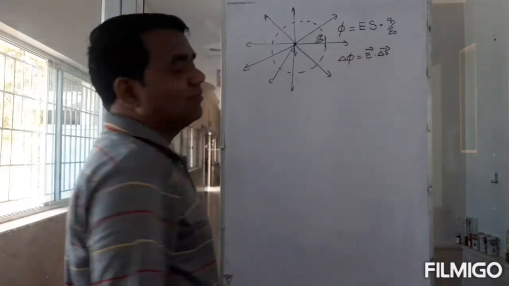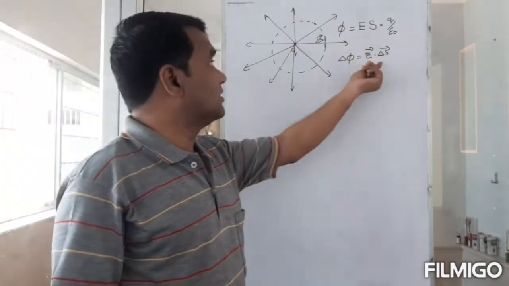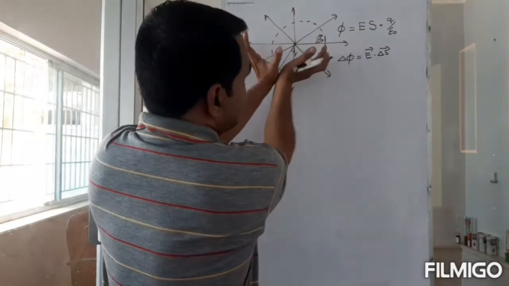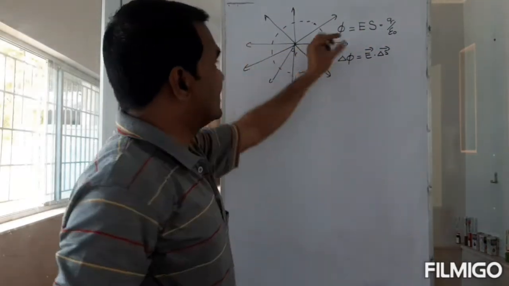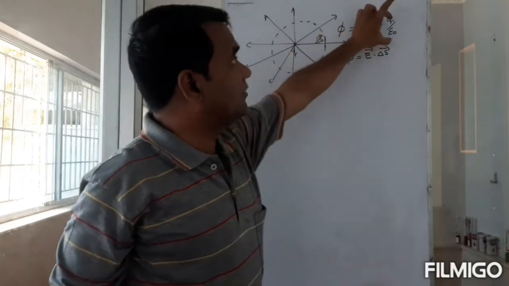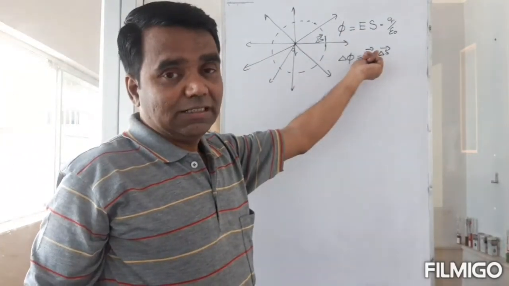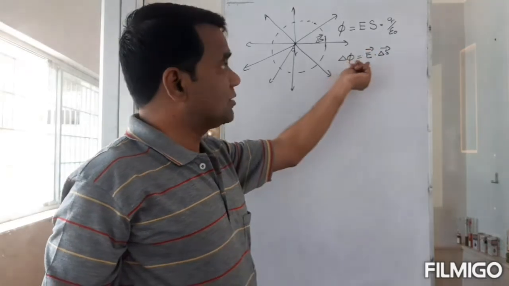Well, obviously this is not going to be equal to Q by epsilon naught. Why? Q by epsilon naught is for the entire sphere, but this is just delta phi. If this is 50, this can be 2 or 3. So this is a very small number.